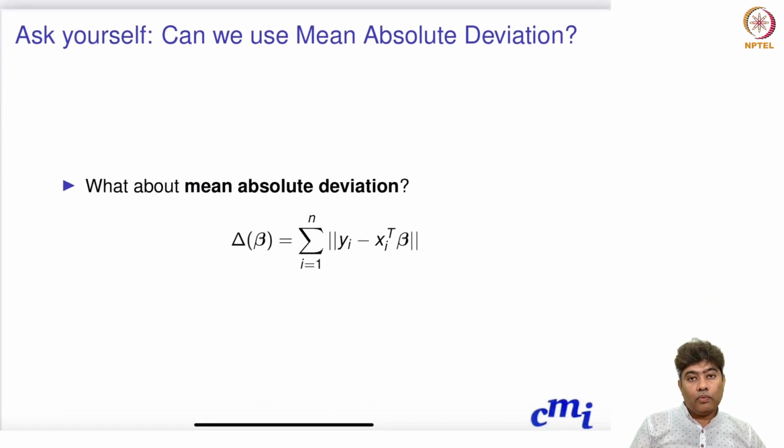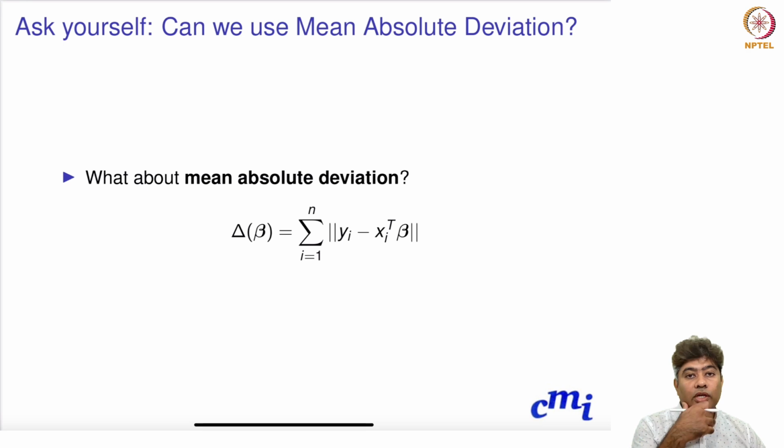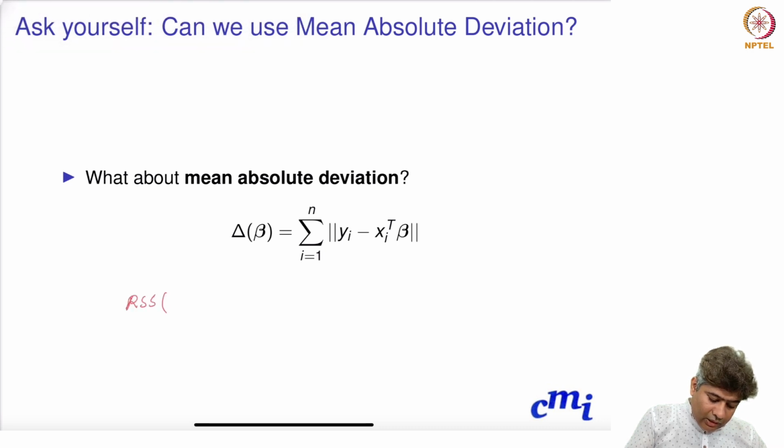Next, you can ask yourself, can we use mean absolute deviation? We are using the least square method. In the least square method, we are trying to minimize RSS of beta, which is essentially trying to minimize the sum of yi minus xi transpose beta whole square, where i runs from 1 to n.